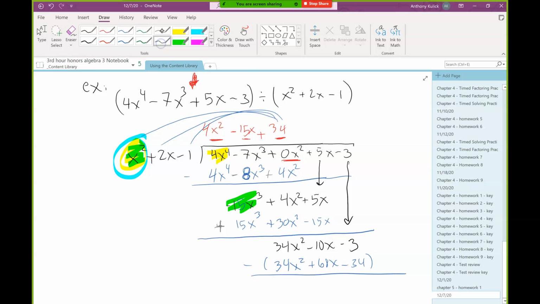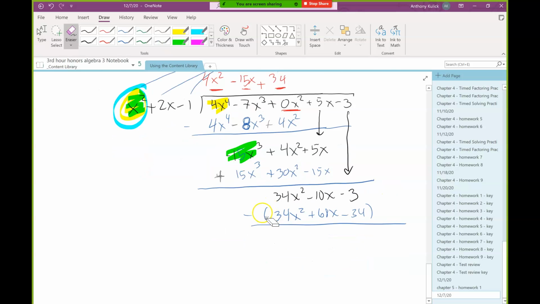Okay. And then we distribute our negative, negative, negative, positive. And we add down. So that's my remainder. Notice that my remainder can have variables in it because the degree of the remainder is less than the degree of the divisor.